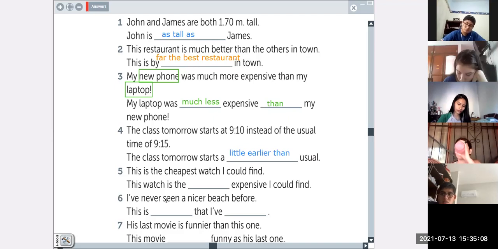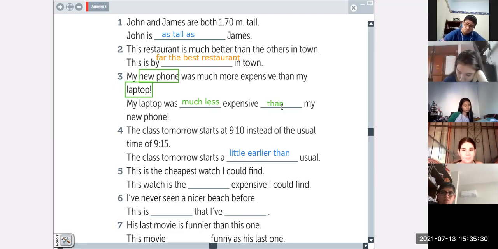The next one, please. Ronald, this is the cheapest watch I could find. This watch is the... Okay, anybody with number 5?